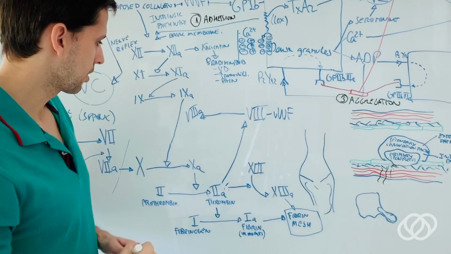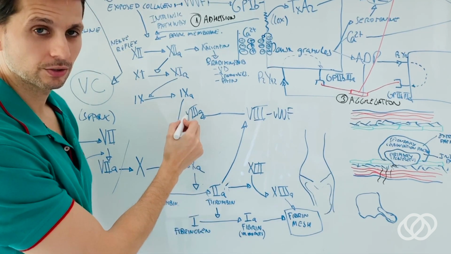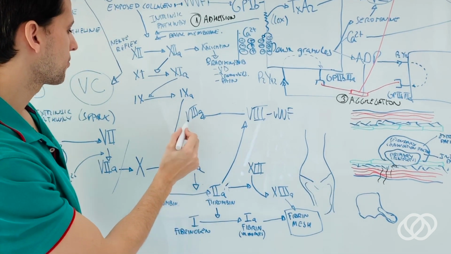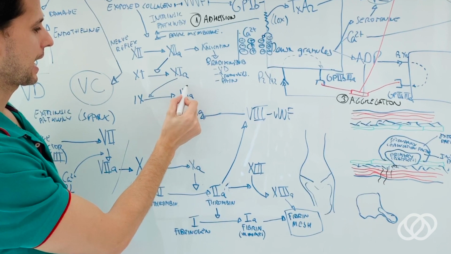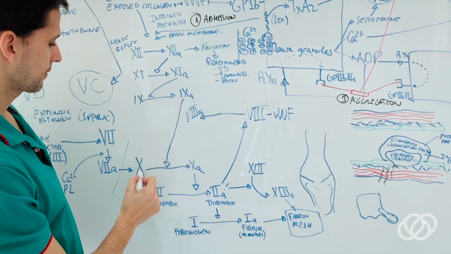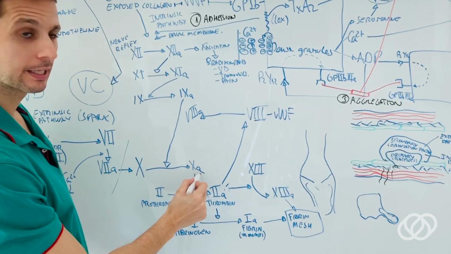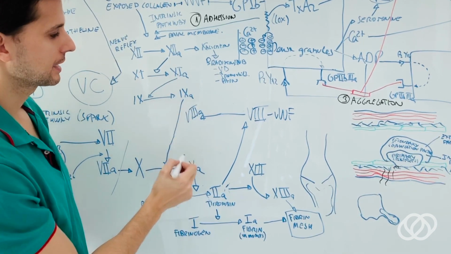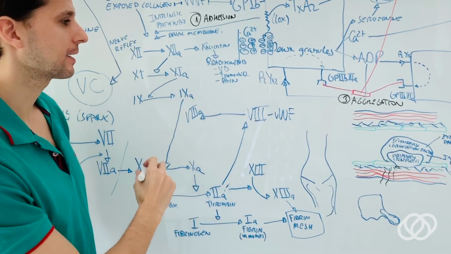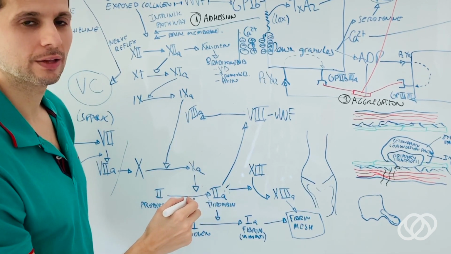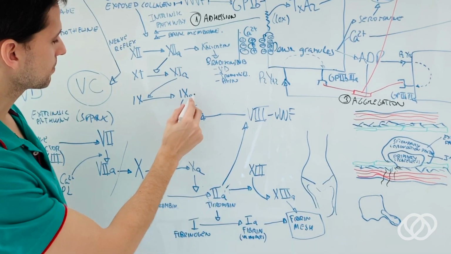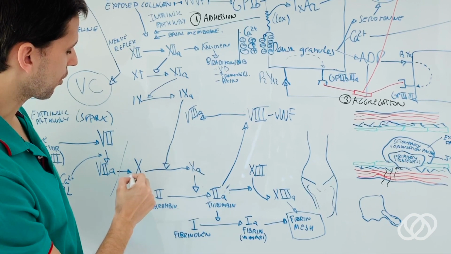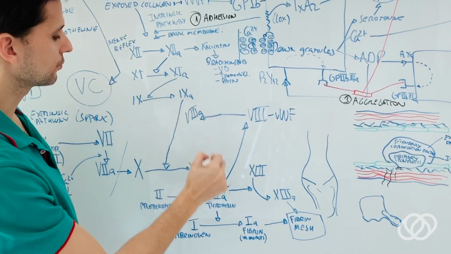Okay, so this activated factor 8 promotes the activation of factor 10 by factor 9a a lot. It multiplies it by more than 200 times, so it makes the activation of factor 10 through this pathway much more efficient.